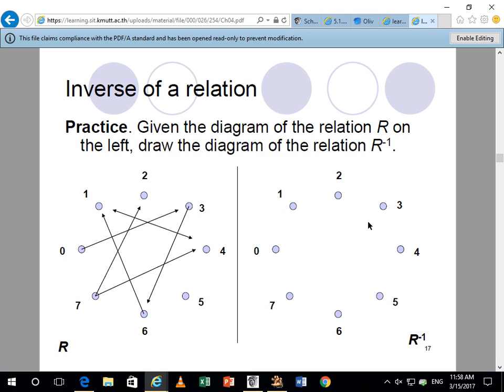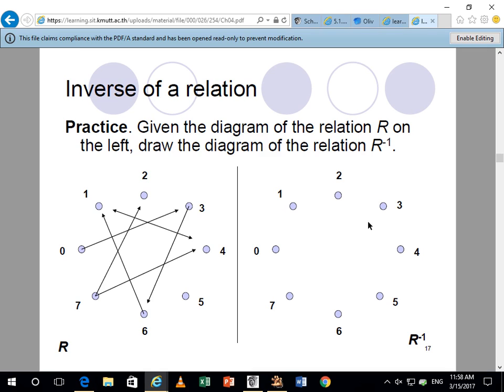Okay, if you cannot visualize it, you can write it down. Let's start with 0. 0, 3. Only 1. So the inverse of 0, 3 is 3, 0. You draw the arrow from 3 to 0. Then let's do the next one. 1. What does 1 have? 1 has 1, 4. So we draw the reverse of 1, 4, which is 4 to 1. The next is 2.